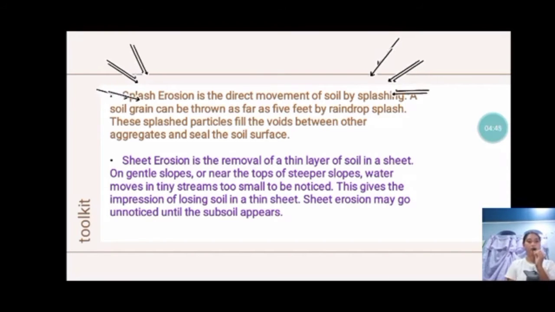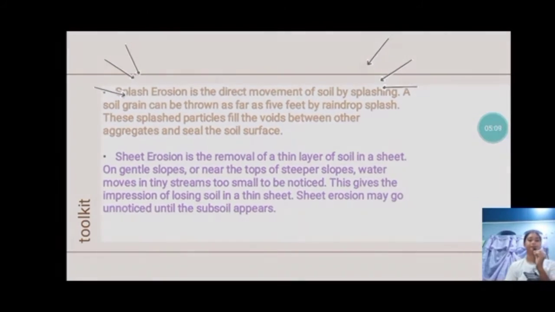On gentle slopes or near the tops of steeper slopes, water moves in tiny streams too small to be noticed. This gives the impression of losing soil in a thin sheet. Sheet erosion may go unnoticed until the subsoil appears.